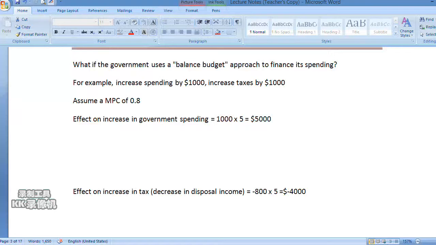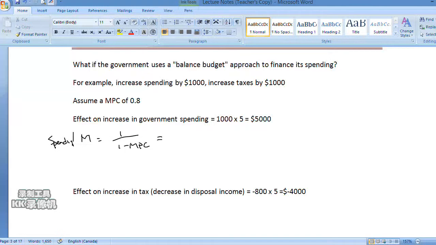So let's assume the marginal propensity to consume is 0.8, and we know that the spending multiplier is just going to be 1 over 1 minus MPC, which in our case is 1 over 1 minus 0.8. So that's 1 over 0.2, which is 5. So with an initial increase in government spending of $1,000 times the multiplier, the total effect will be $5,000 on the government spending.